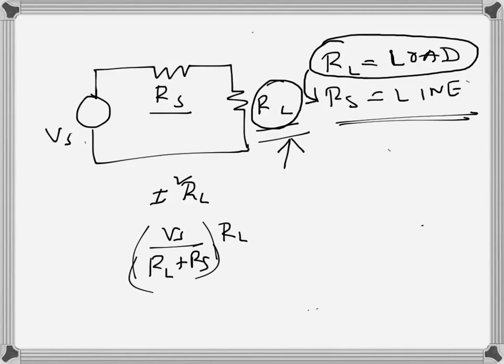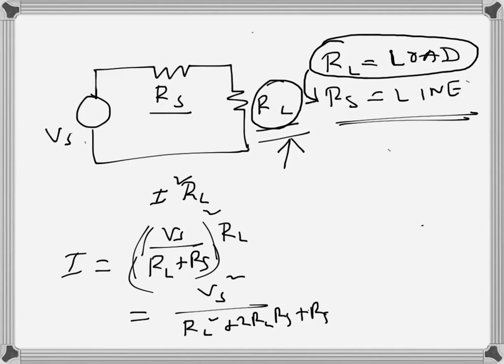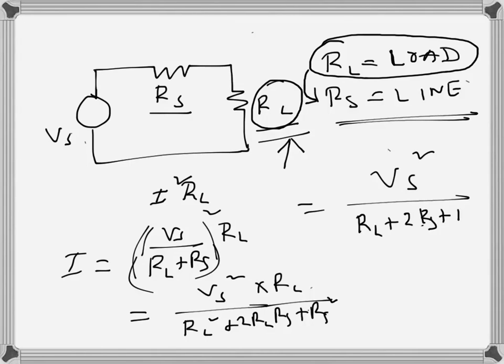Multiplying by RL, the denominator becomes RL squared plus 2 RL RS plus RS squared, times RL. Now if I divide both numerator and denominator by RL, it becomes RL plus 2 RS plus RS squared over RL.